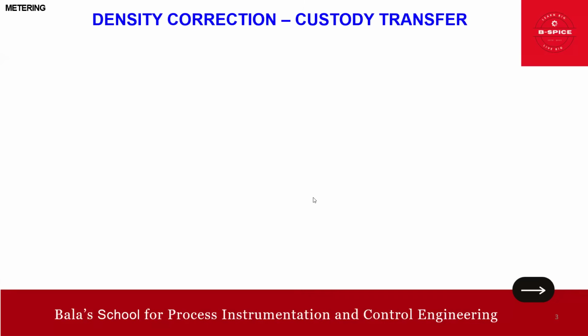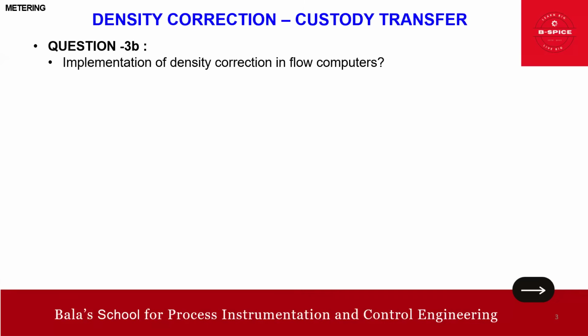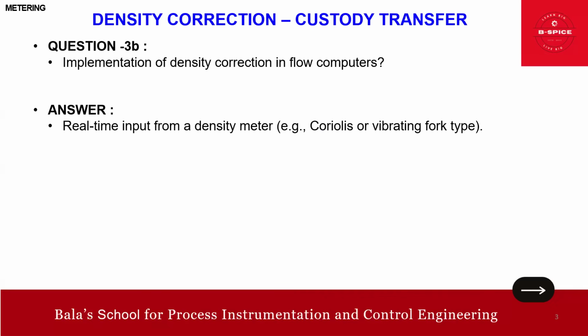Then second, 3B. Implementation of density correction in flow meters. How is the density correction typically implemented in a flow computer? Answer: density correction is typically implemented in the flow computer like this, friends.